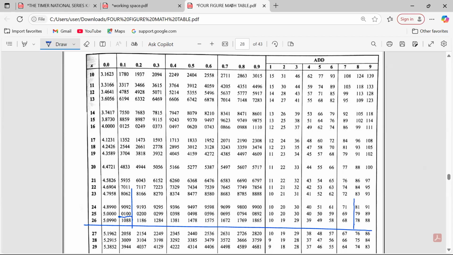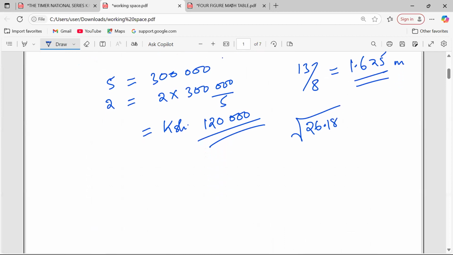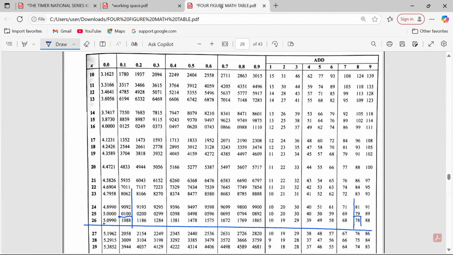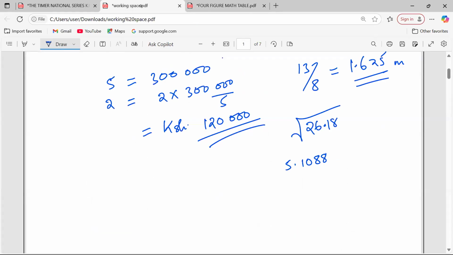It is here. So having 78 at that point. So we start with 5.1088. Then we add 78 here. So this shall be 6. We carry 1. 6 again, we carry 1, then 5.